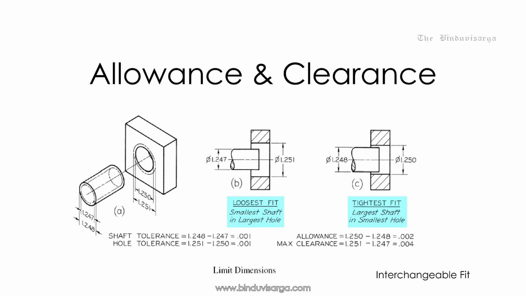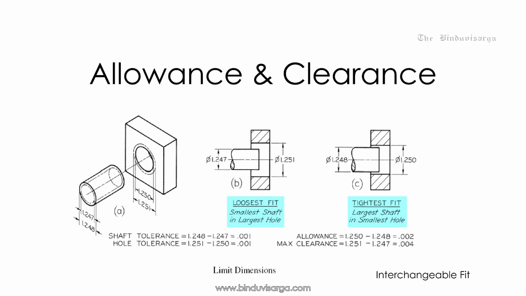So the allowance will be 1.250, that's the smallest hole, and 1.248, that's the largest shaft, right?